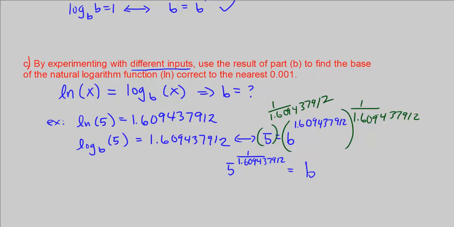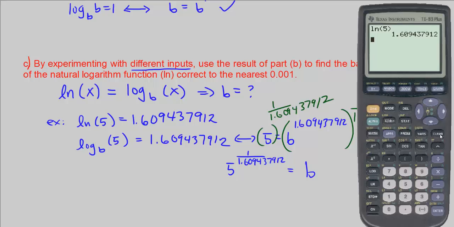Okay, so let's go ahead and put this in our calculator. 5 to the power of 1 divided by 1.609437912. And what do we get? We get b is equal to 2.718281829, right?